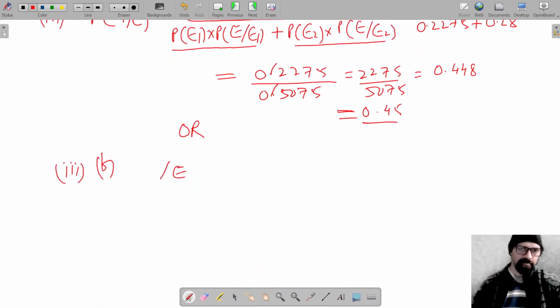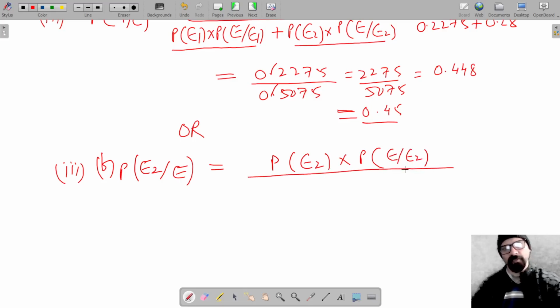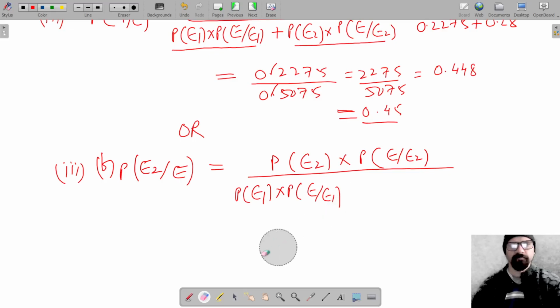So construction job completed on time and all the workers present is the probability of E2 by E. That is the probability of E2 into the probability of E by E2, upon the probability of E1 into the probability of E by E1 plus the probability of E2 into the probability of E by E2.